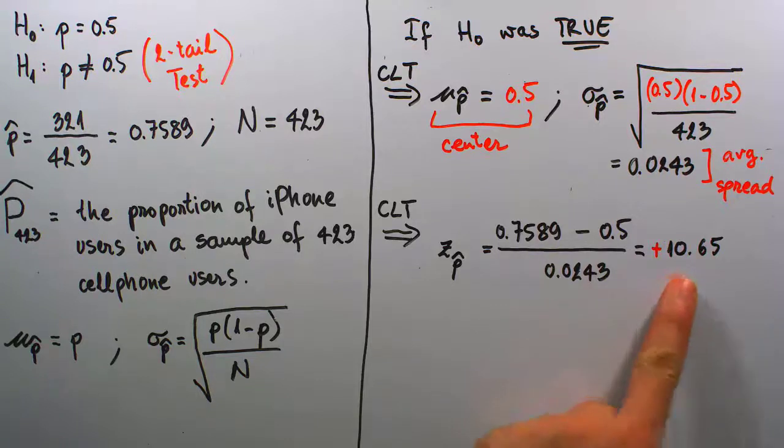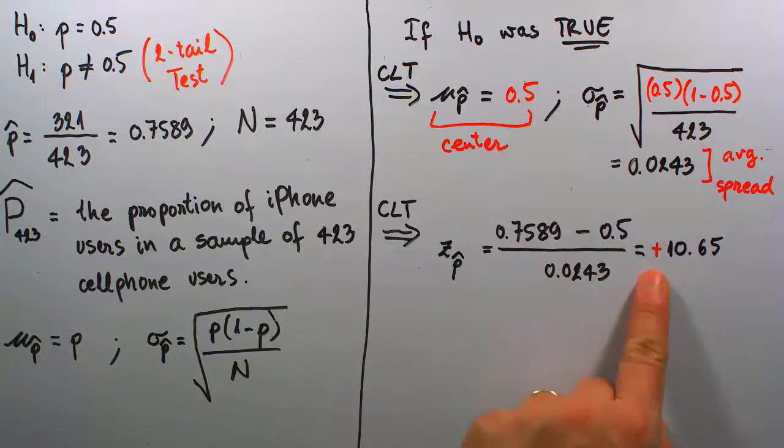And so now in our problem, the calculation simply turned out to be a positive z-score. So I went ahead and emphasized the sign of my z-score by putting that in red ink.